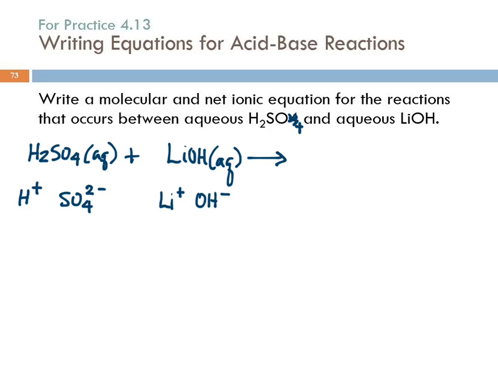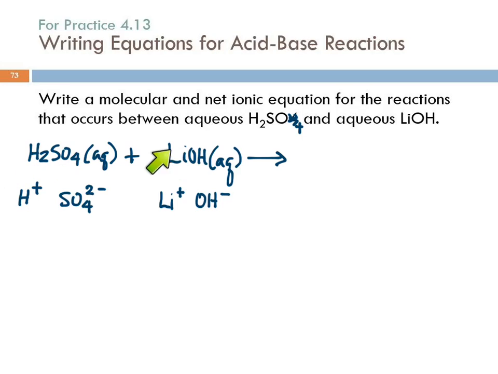So this will ultimately ionize to H+ and SO4 2-. This one's a little bit sticky because it's a strong acid in its first hydrogen and a weak acid in its second hydrogen. It's the only one that's like that, so we're not going to worry about it.